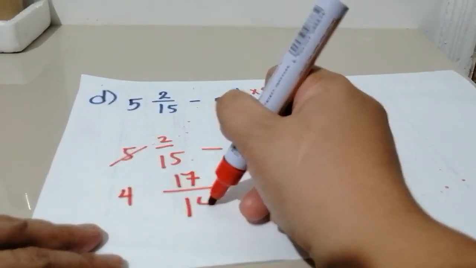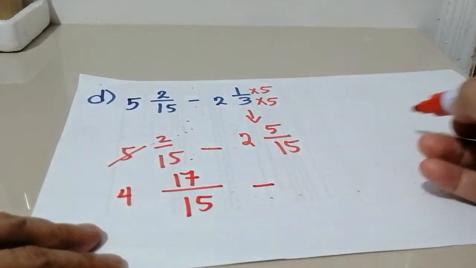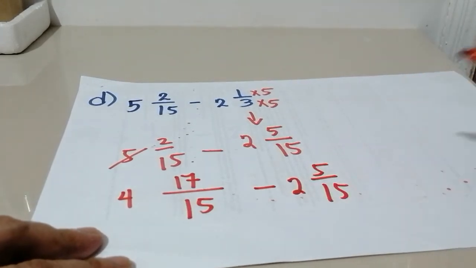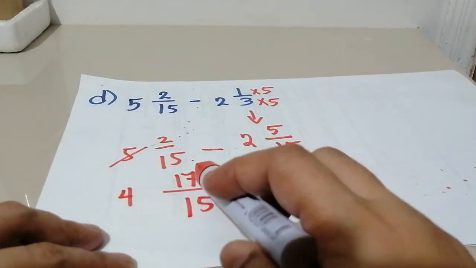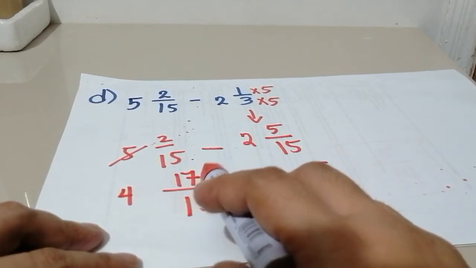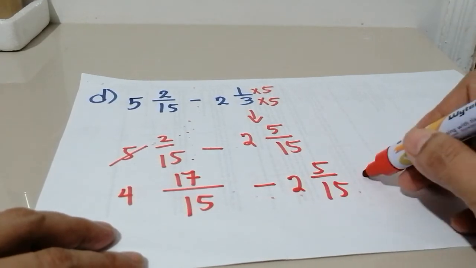And then, just copy mo yung denominator na 15. Minus 2 and 5 over 15. Ngayon, the numerator here is bigger now. So, 17 minus 5 is already possible, kaya pwede na tayong mag-subtract.